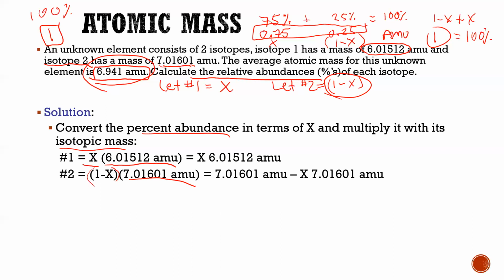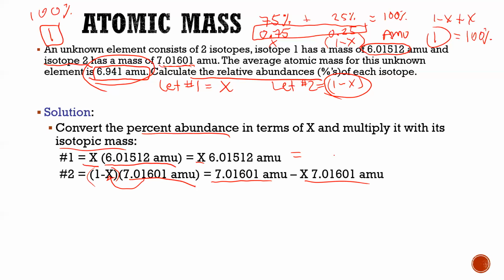So then when I multiply these, because that's what I would do, I would get X times 6.01512 AMU for the contribution of isotope 1 for its mass to the weighted average. For 2, though, because I'm going to distribute the 7.01601, I would get 7.01601 AMU minus, and then I would distribute it to the X, 7.01601 AMU.